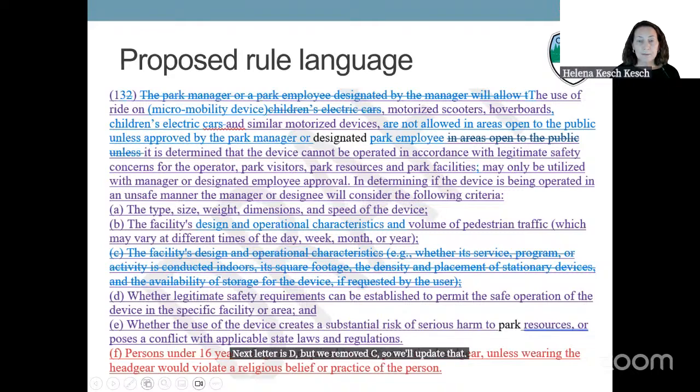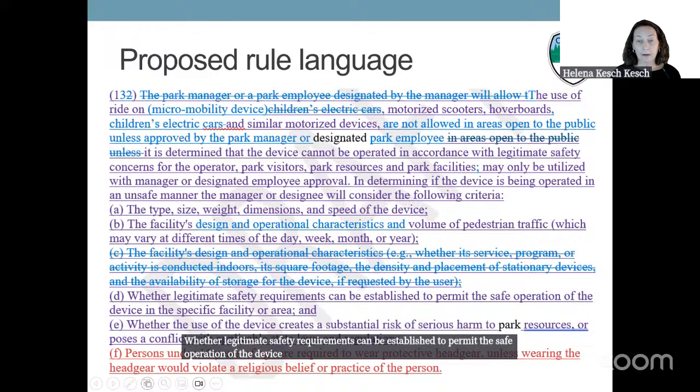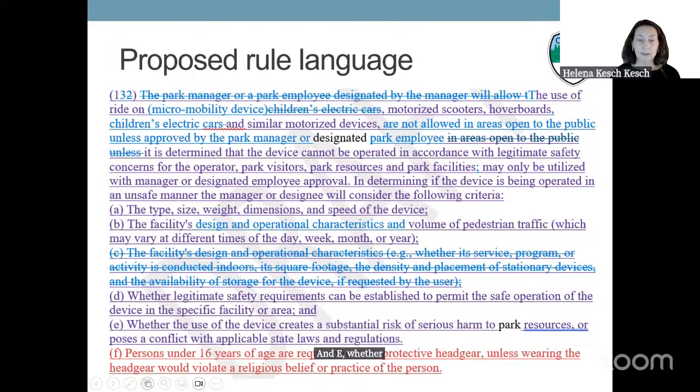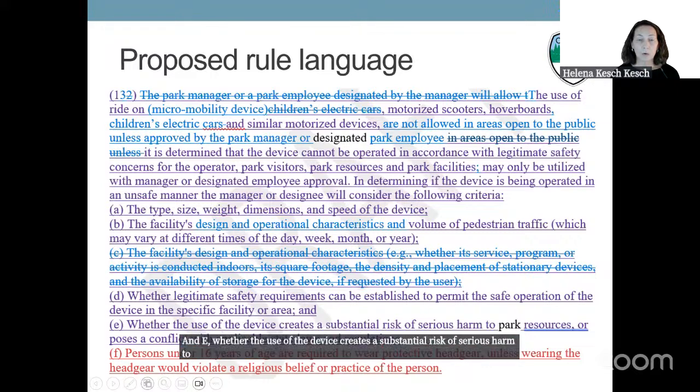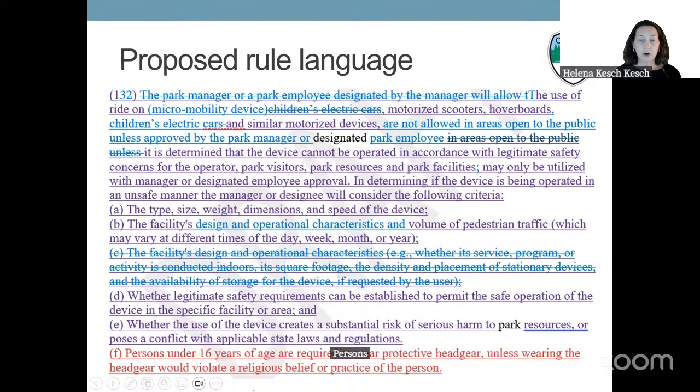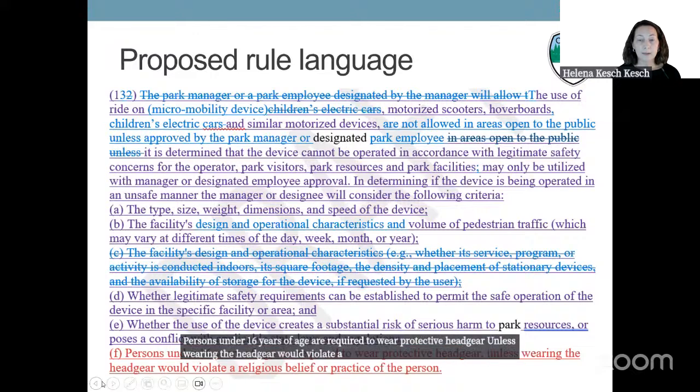Whether legitimate safety requirements can be established to permit the safe operation of the device in the specific facility or area. And E, whether the use of the device creates a substantial risk of serious harm to park resources or poses a conflict with applicable state laws and regulations. F, persons under 16 years of age are required to wear protective headgear unless wearing the headgear would violate a religious belief or practice of the person.